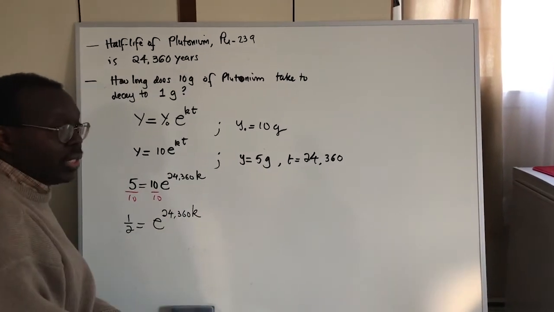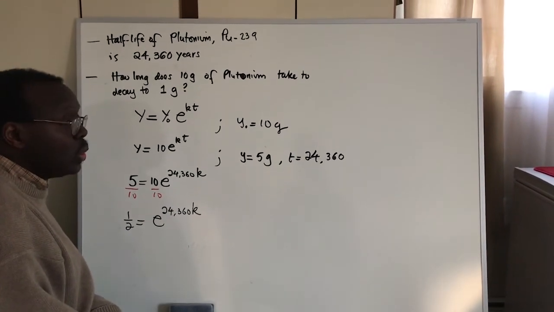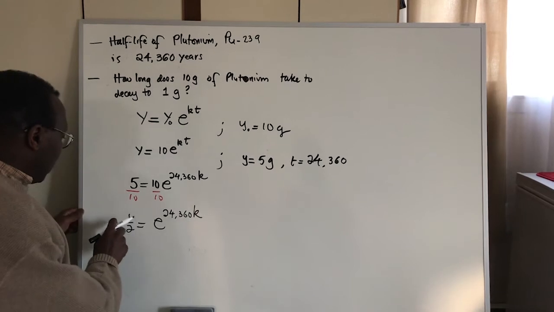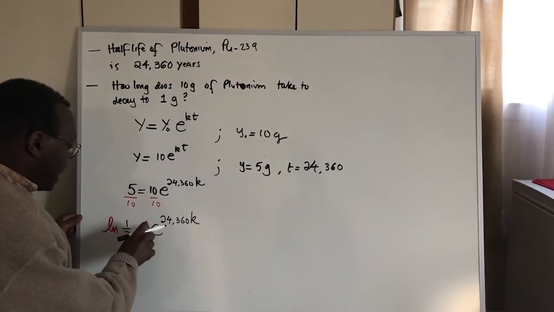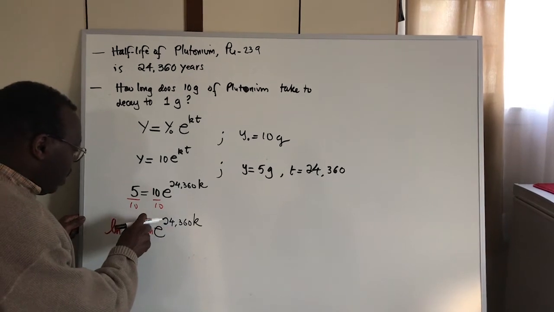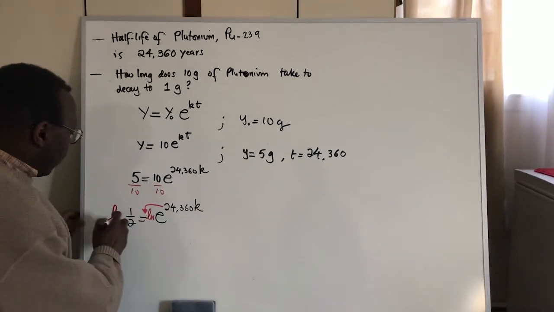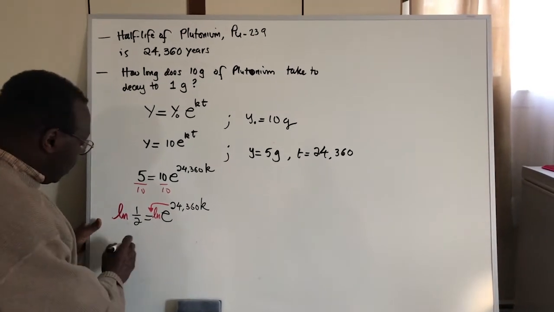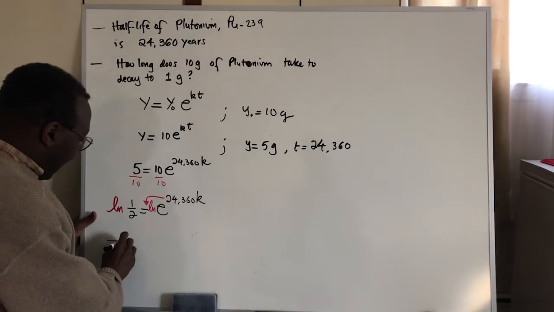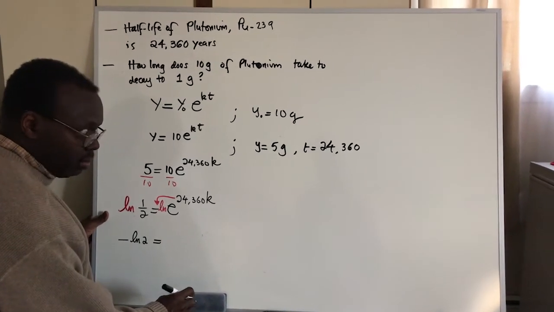And now you can take ln of each side. We know logs drop exponents. This is what I mean: ln of this side, ln of that side. The 24,360k will be dropped up front. Now we have ln of 1/2, which is equivalent to negative ln 2.